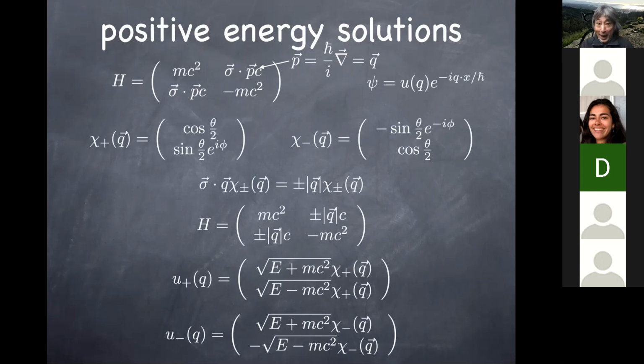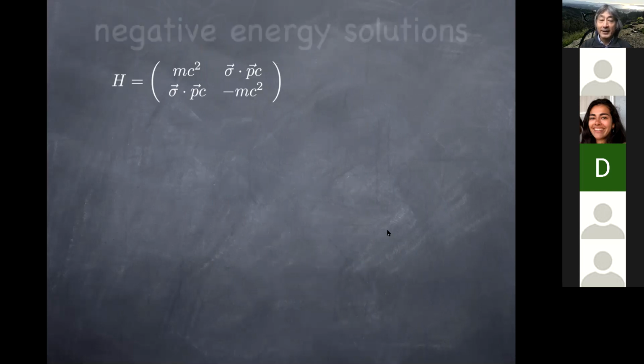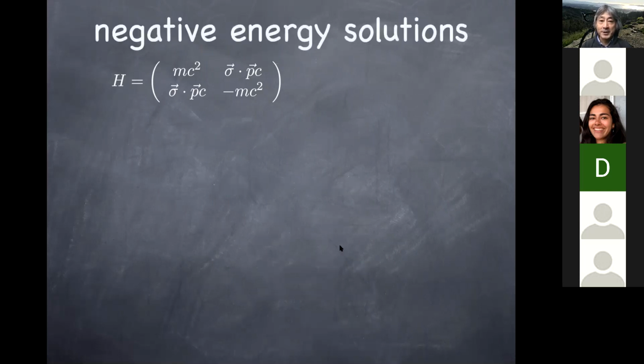Okay, so now we dive into negative energy solutions. As I already said in response to the earlier question, this is meant to be a derivative operator. But now for the negative energy solutions, I like to put a plus sign here so that I can maintain the time component of the q four-vector to be positive. Because of the opposite sign, this is meant to be the negative energy solution.